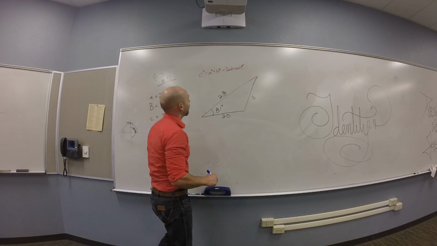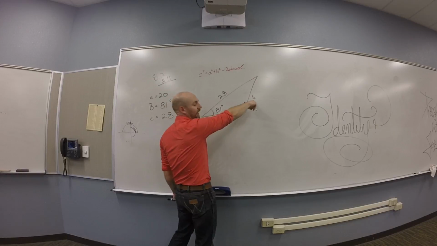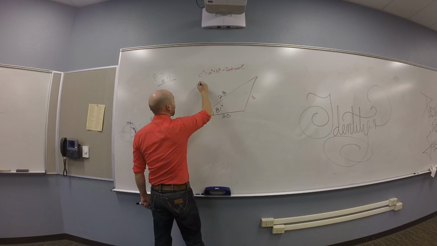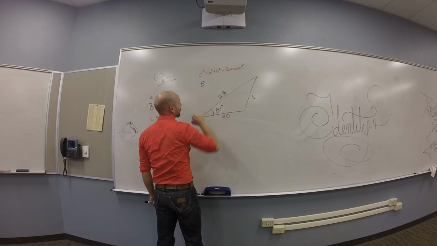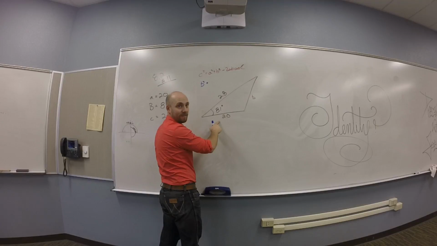I think what I'm going to do is think of this guy as c. So I'm going to do b squared is the other two sides squared.